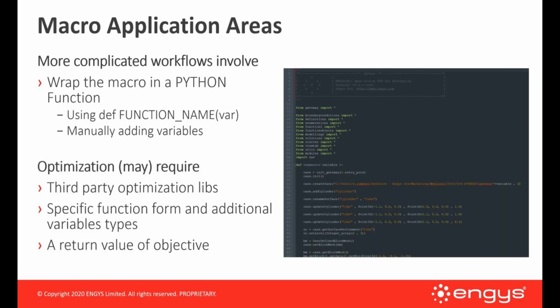So optimization may require third-party optimization libraries. There's lots of different optimization genetic algorithm libraries within Python. Each one of them might have specific functional forms. So not just passing one variable, but you might need to pass an array of variables. And then if you're doing a constrained optimization, you'll need to provide information about the constraints, and you'll also need to provide a return value of the objective.